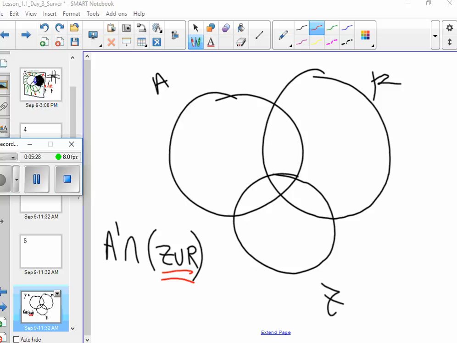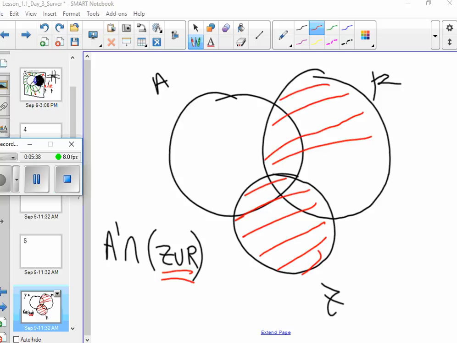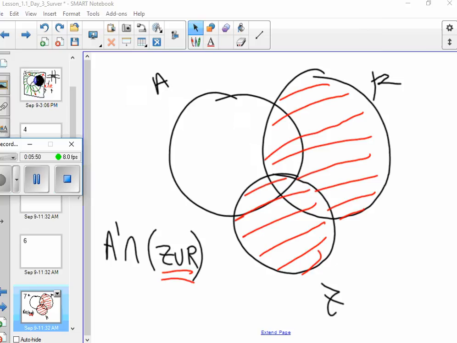All right, so I'm going to start by doing Z union R. So here's Z, and here's R, and I'm going to do it in the same color because if you're in either one, you're in the group. There, that's the big group that consists of anybody who's in R and anybody who's in Z. Okay, and then now I have to do not A and intersect with that. I'm going to do not A in another color.